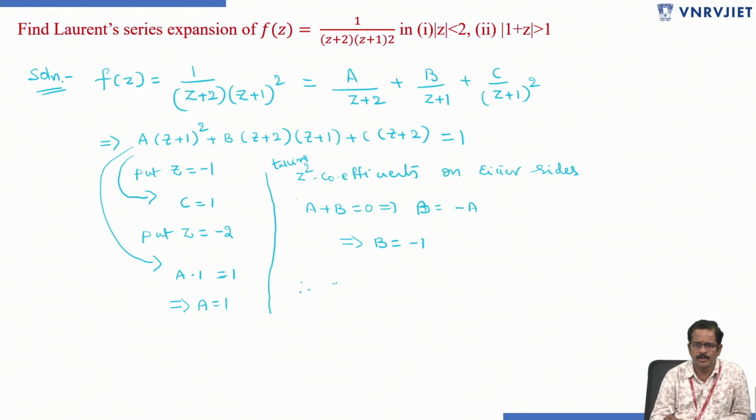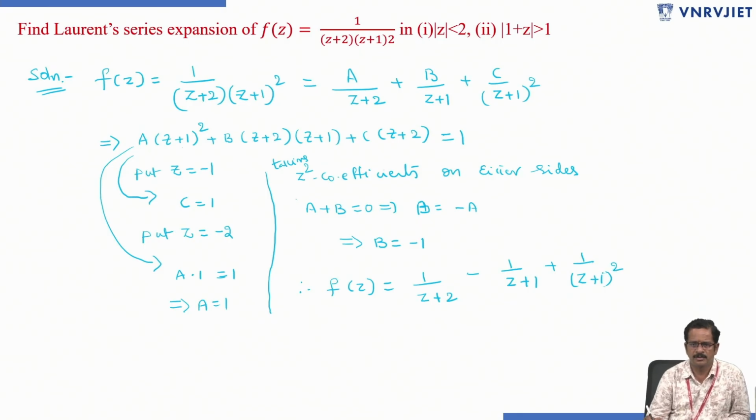So therefore the given function f of z equals 1 by z plus 2 minus 1 by z plus 1 plus 1 by z plus 1 whole square. This is the partial fraction we got for the given function.